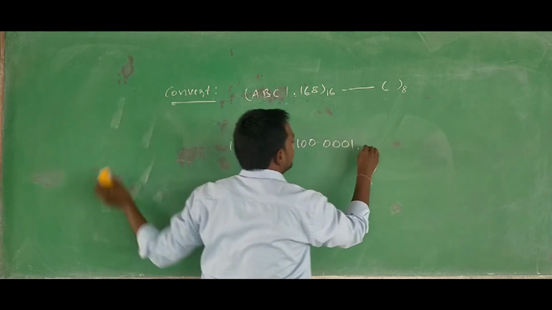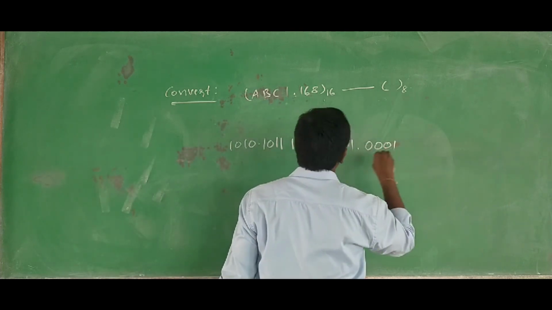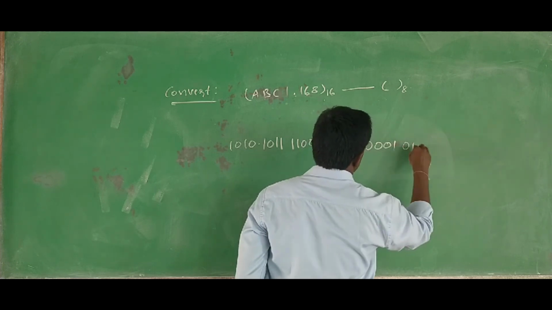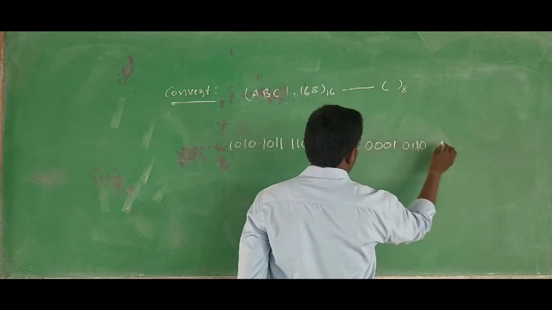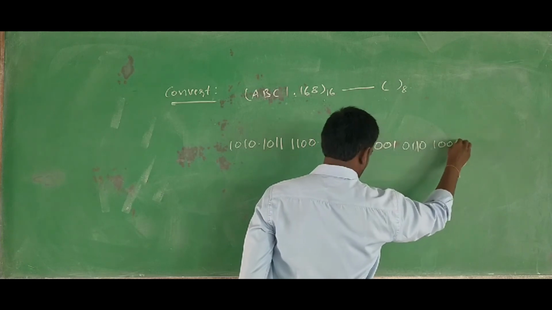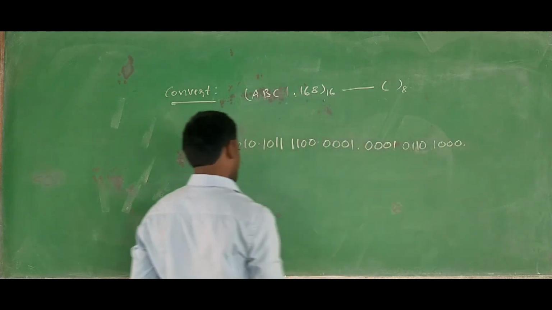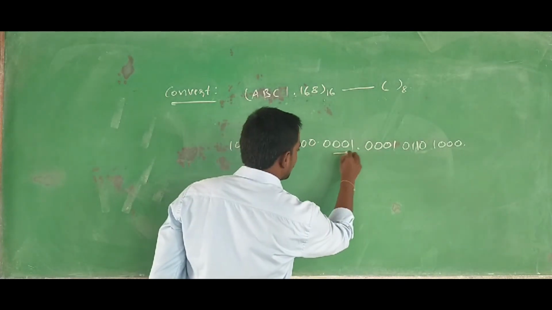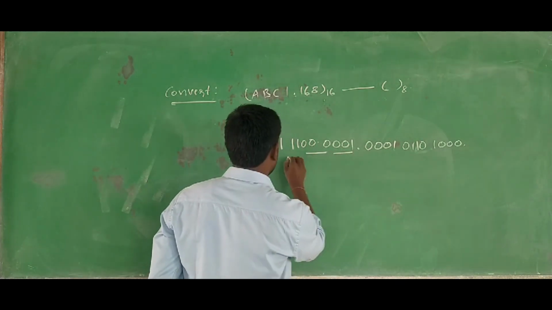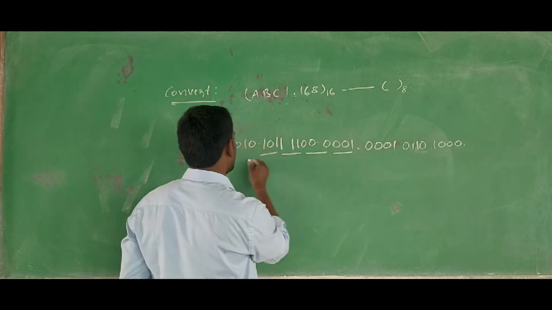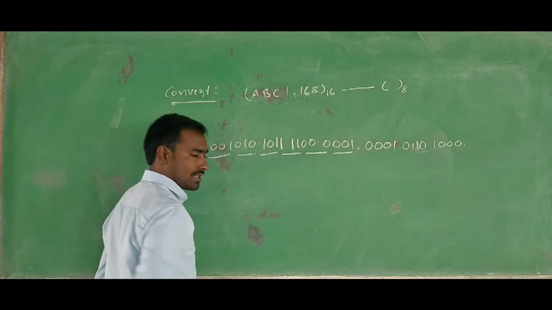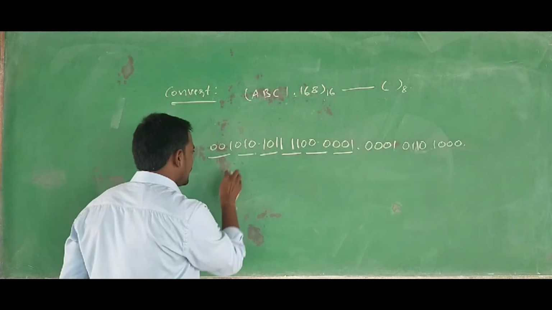Point, 1 is equal to 0001, 6 is equal to 0110, and 8 is equal to 1000. Here we have to take the break point, and we have to group 3 binary digits at a time, inserting zeros where needed.